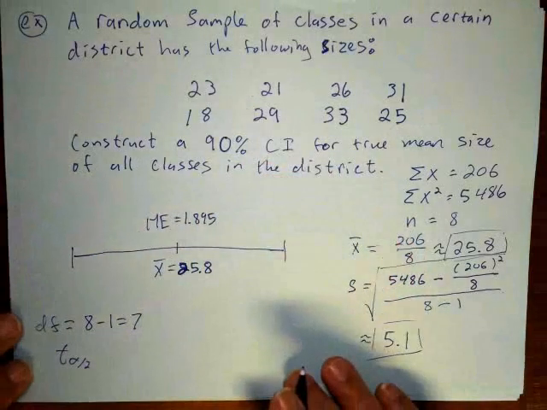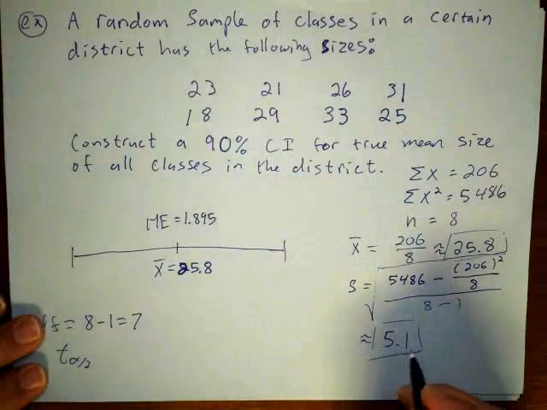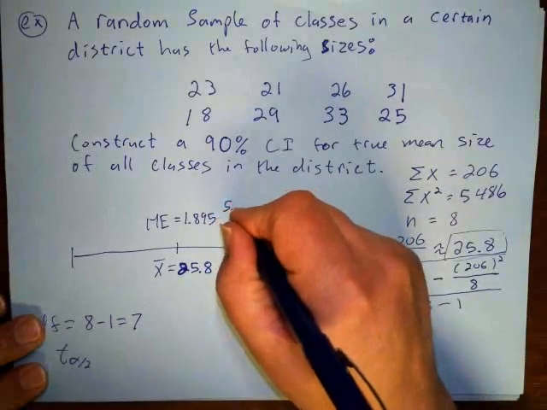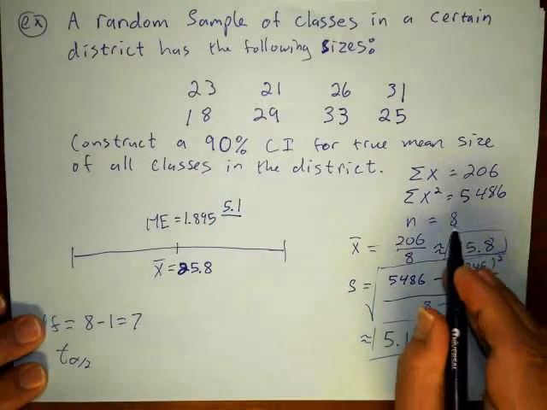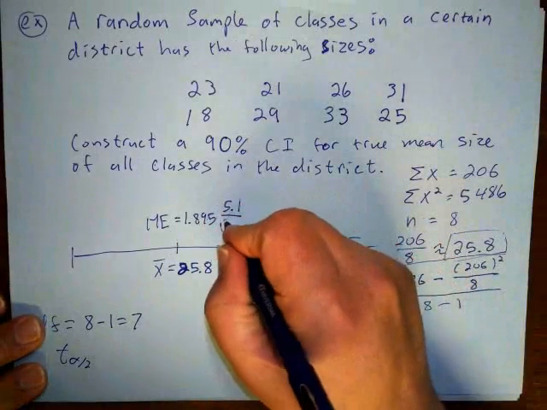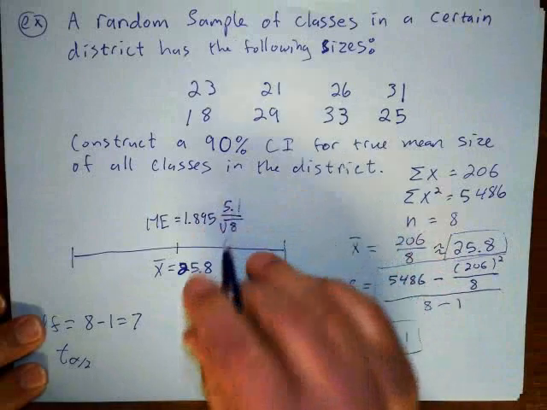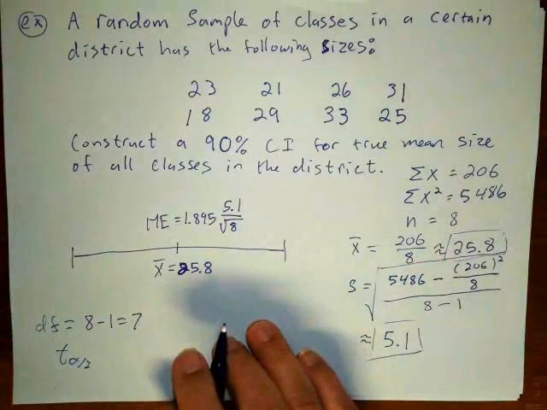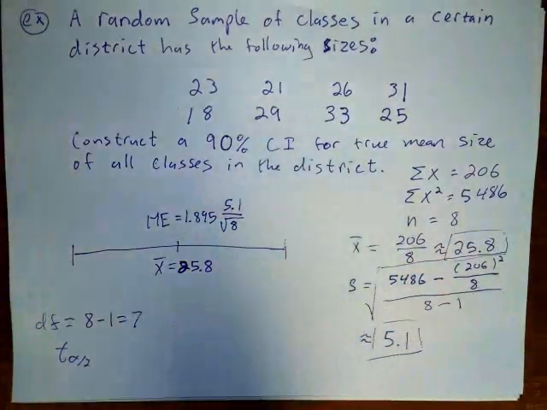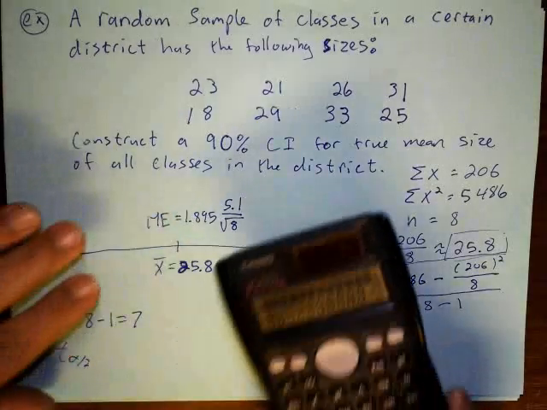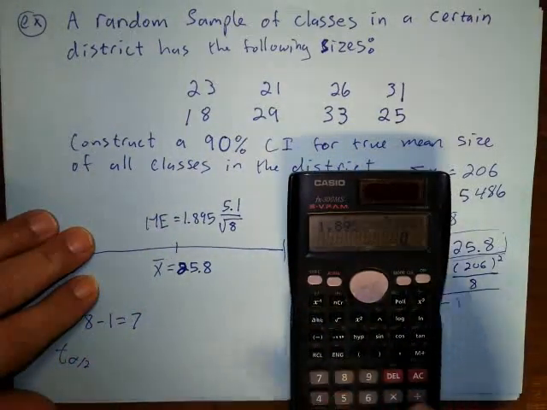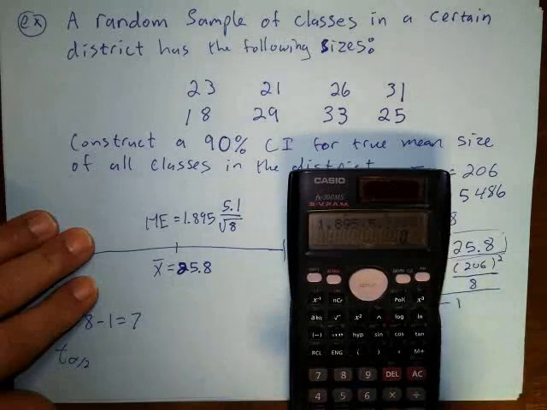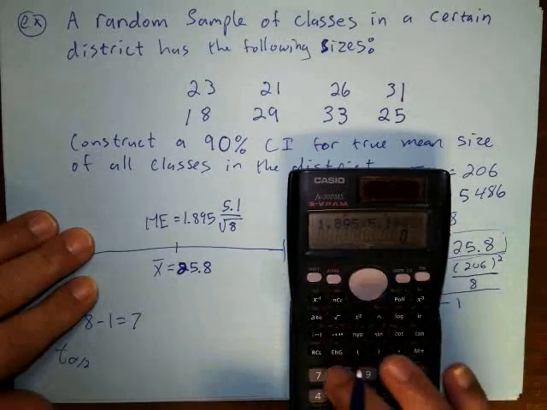And now I take my standard deviation, which I calculated over here, and I divide that by the square root of n. And n here is 8. Notice that is n, that is not the degrees of freedom. So now 1.895 times 5.1 divided by the square root of 8.